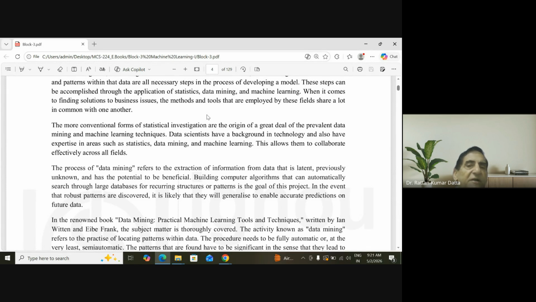So that sample data is used. The more conventional forms of statistical investigation are the origin of a great deal of prevalent data mining and machine learning techniques. Data scientists have a background in technology and also have expertise in areas such as statistics, data mining, and machine learning. These are the things which we are talking about.